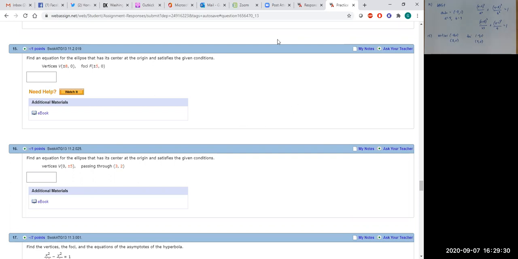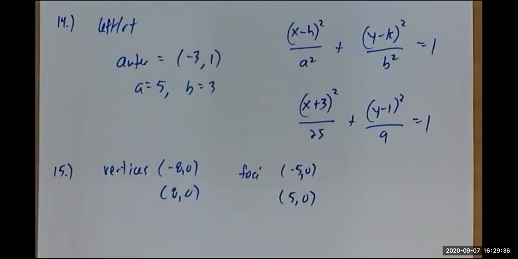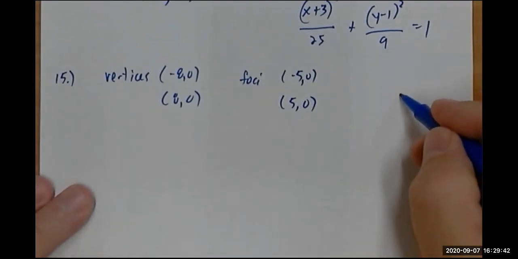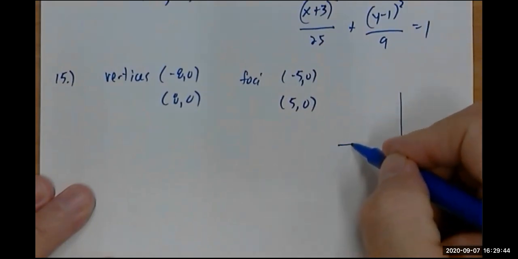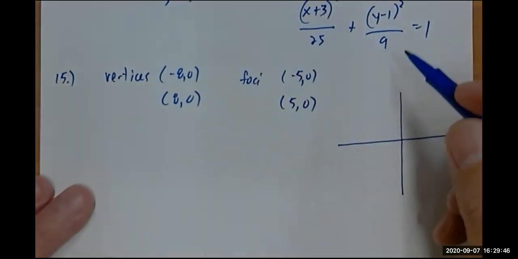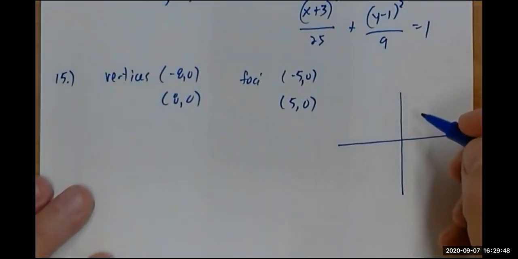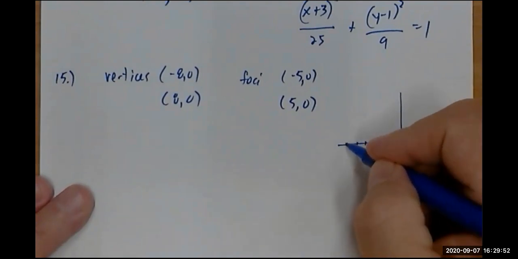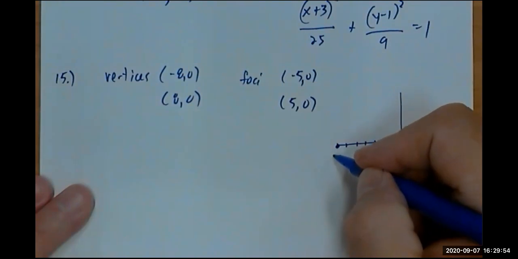I'm going to do what I always do with these problems, and what I encourage you to do. I'm going to plot what I know, sketch a real quick graph, then hopefully it becomes very clear what's going on. So vertices, negative 8, 0, 1, 2, 3, 4, 5, 8.